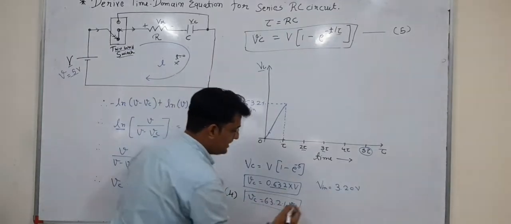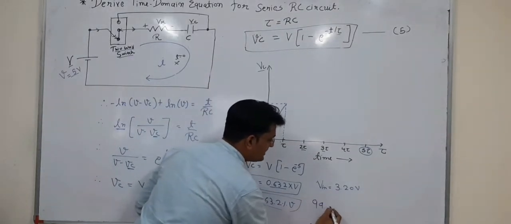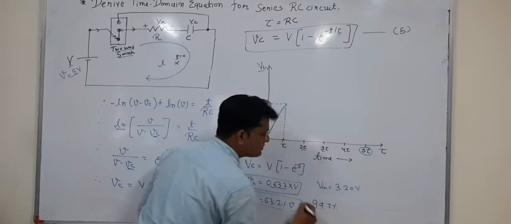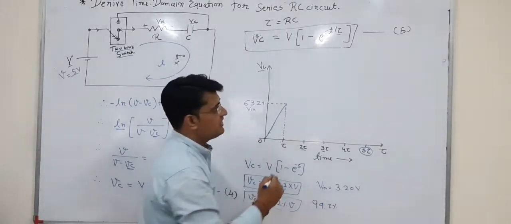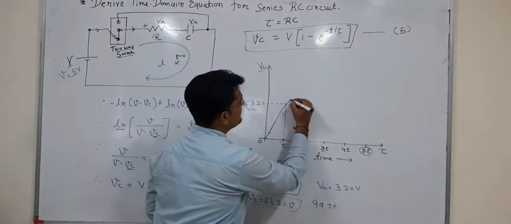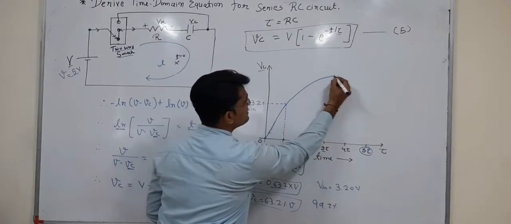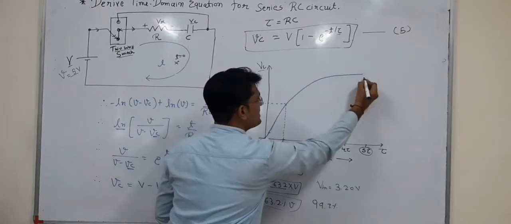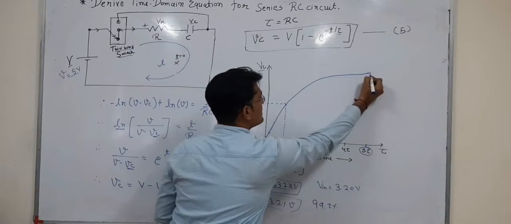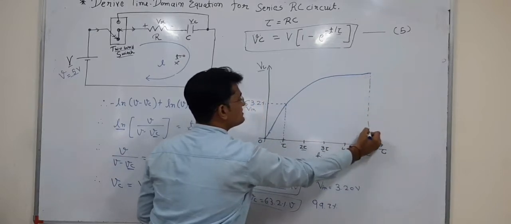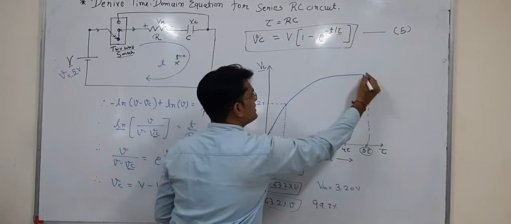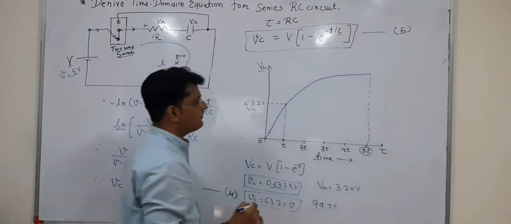And that will be something about 99.2%, that means almost 100%. That means the capacitor will get fully charged at time t is equals to 5 tau.